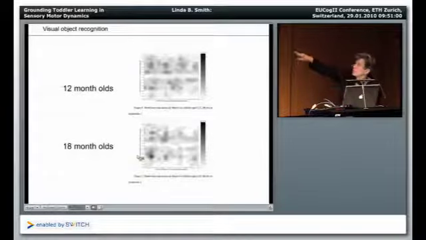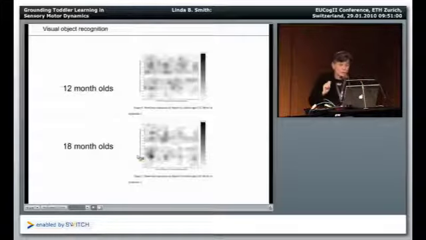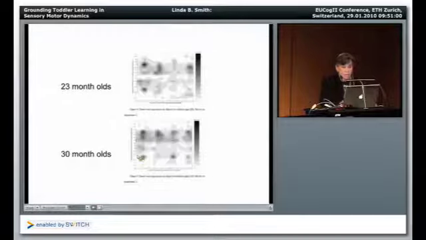If you go down to 18 months old, they actually are dwelling a little more, if you do the statistics, around the planar views, but there's still no upside down, upside right, and it's still pretty smeary. When you start getting to 23 and 30 months, they don't look like adults exactly, but they're getting very, very close, okay? There is a lot of dwell time around the planar views, and there's a strong bias for geometric upright in all these objects, okay?